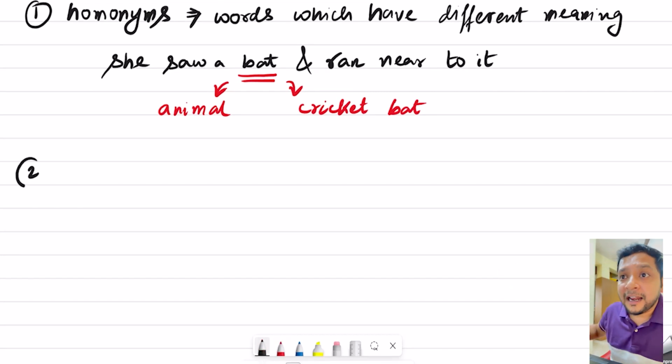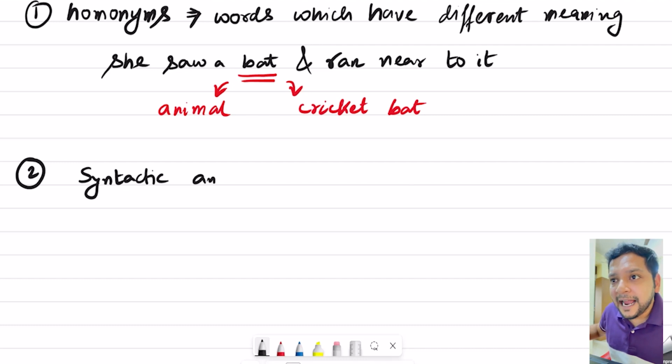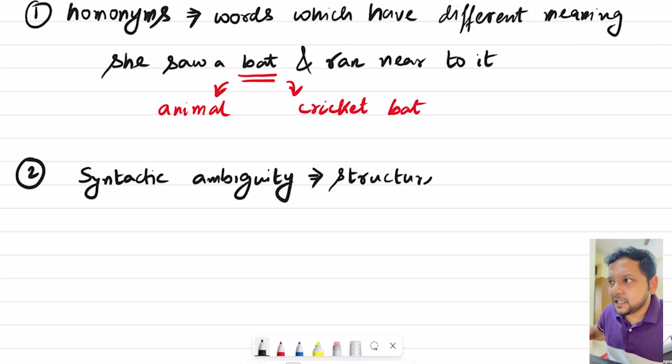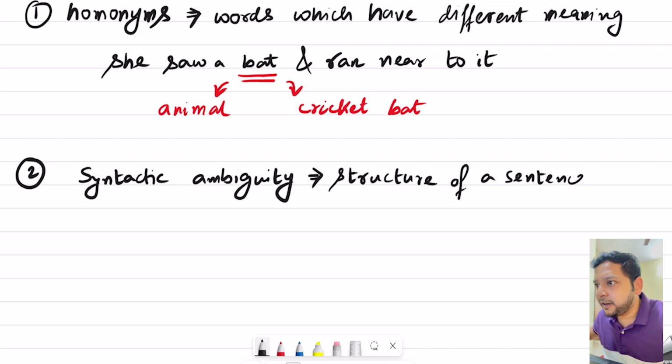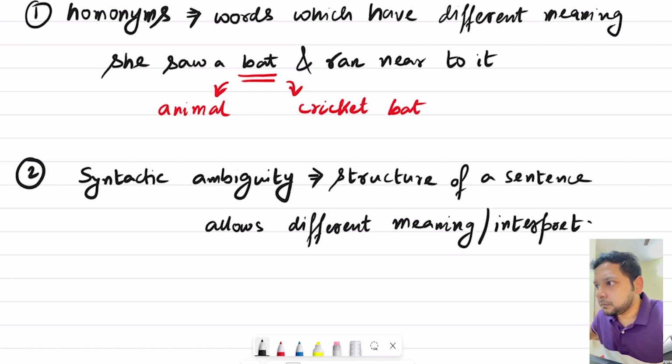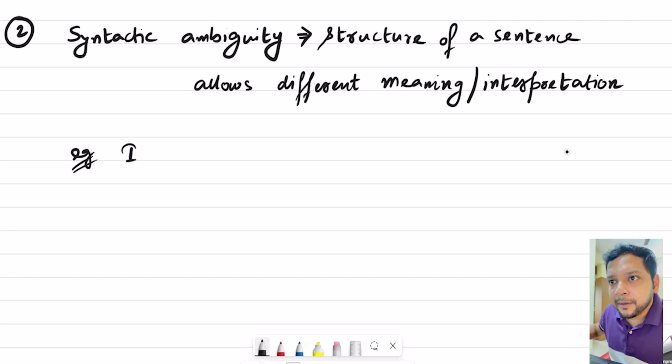Let me give you another example, which is syntactic ambiguity. It means that the structure of a sentence allows different meanings or interpretations. Example: I saw a man with a telescope. Here it can have two different types of meaning.